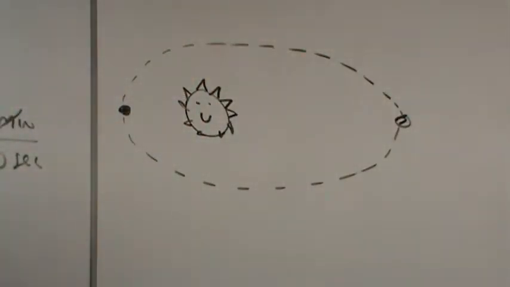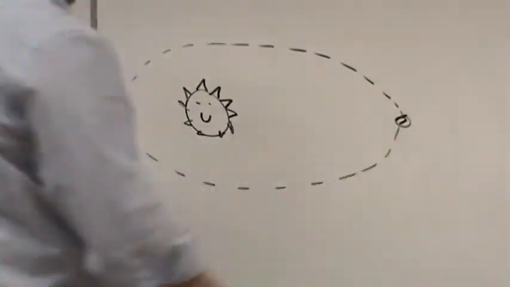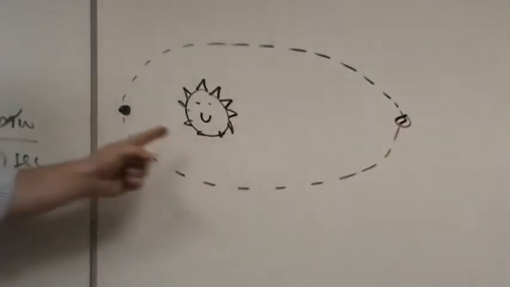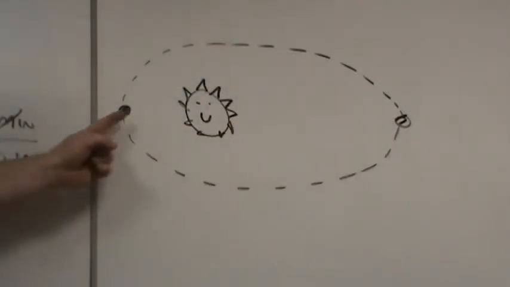So now I want to ask you this. Where does the planet-sun system have more rotational inertia? When the planet is here or when the planet is there? Where is there more rotational inertia in the planet-sun system?